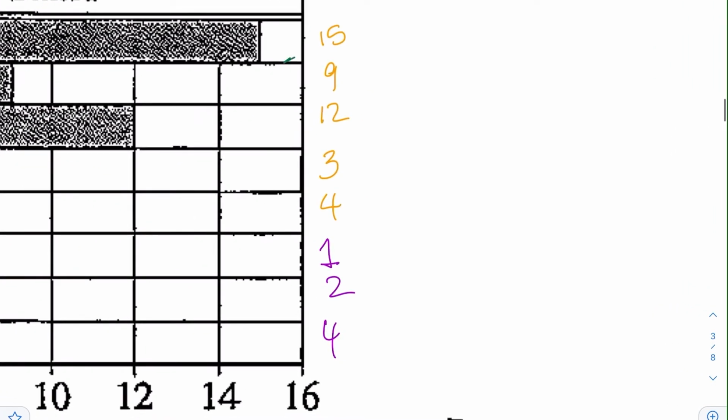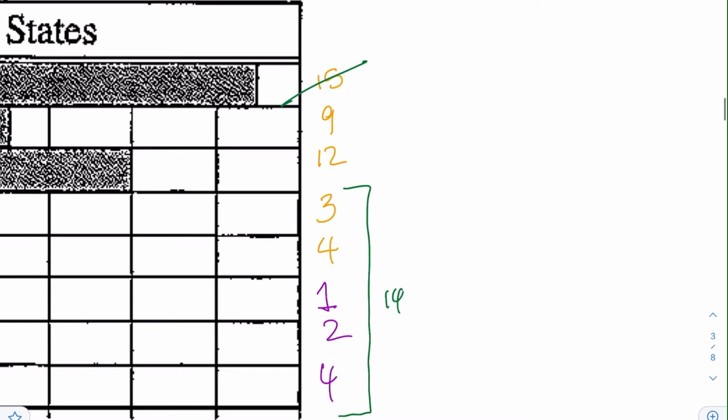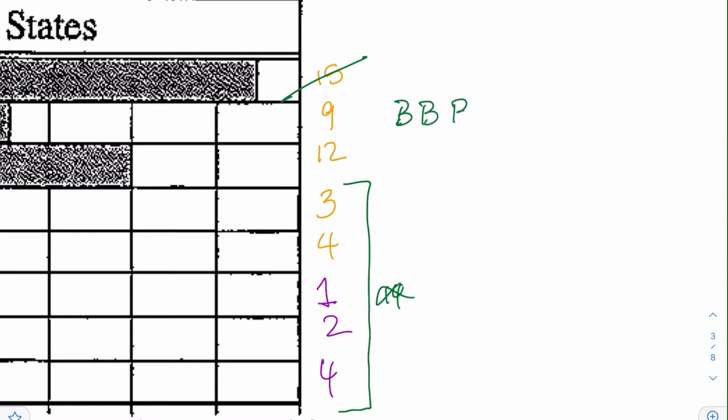So for example, to cross out the 15, the smallest one, you'll have to cross-cancel, this would be 14 here. So then you still have the 9 in category B. And then you have 12 in category C.